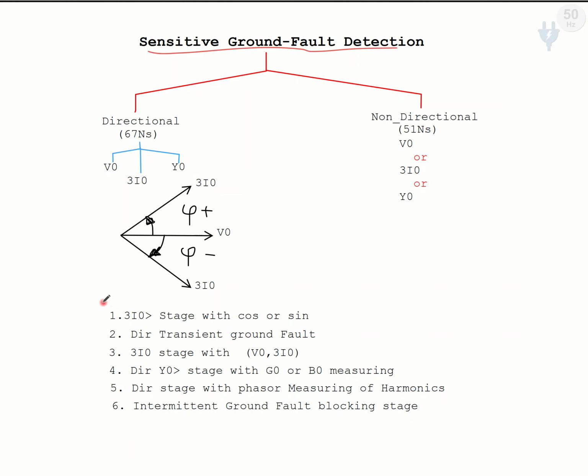We discussed around 8 sessions about the first method, about 6 sessions on the second method, and 4 sessions we discussed about the third method, and right now we are discussing the fourth method of detecting the ground fault by using the Corbellin's transformer, meaning sensitive ground fault.